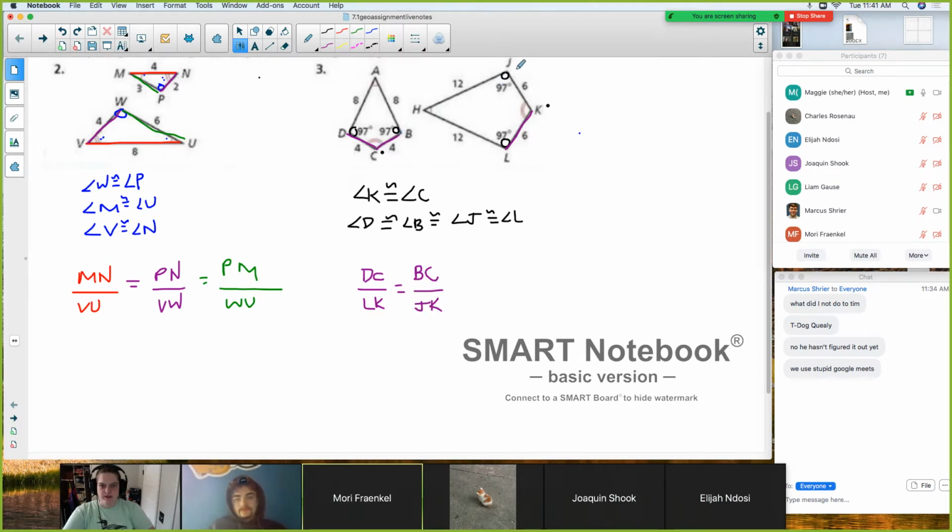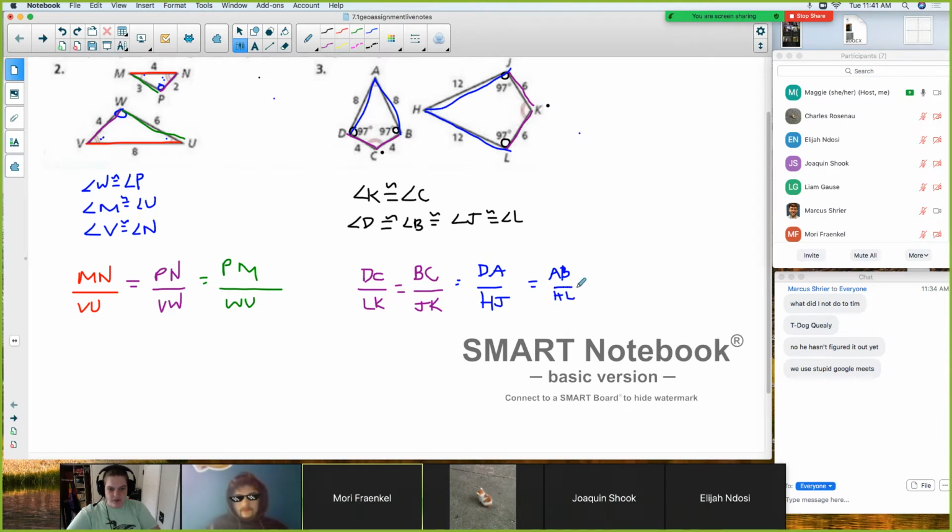So these are all the same length. And then that's going to be the same idea for the next one. This measure of 8 and this measure of 8 is going to be in proportion with the measures of 12 here. So DA and AB, and those are in proportion with HJ and HL.